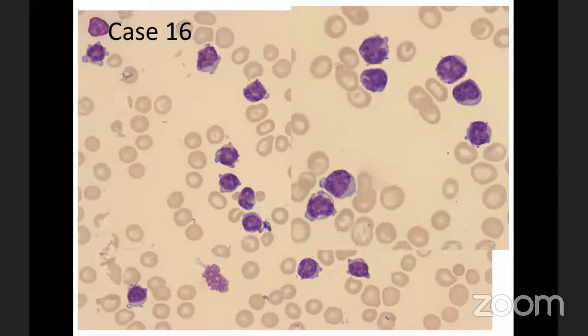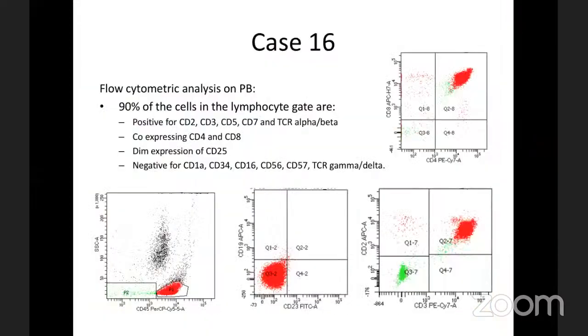This is a very characteristic morphology for the T prolymphocytic leukemia, and thank you to my colleague, Dr. Lubna, for this case. It belonged to her. She was lucky enough to get 2 cases last year with T prolymphocytic leukemia during her service.